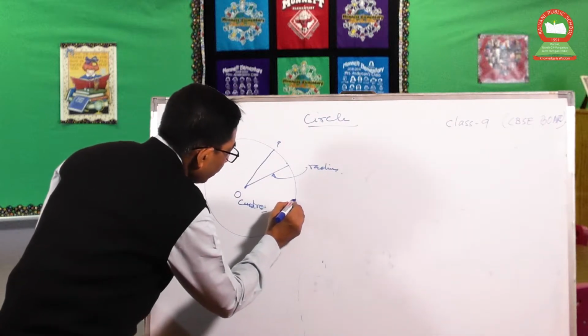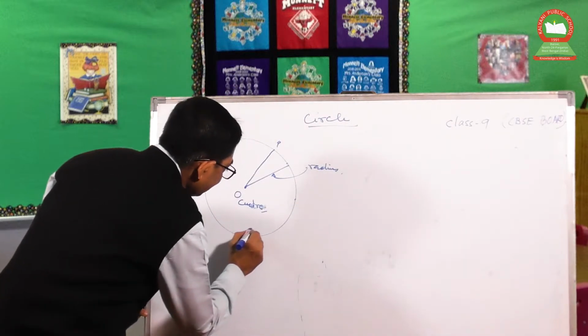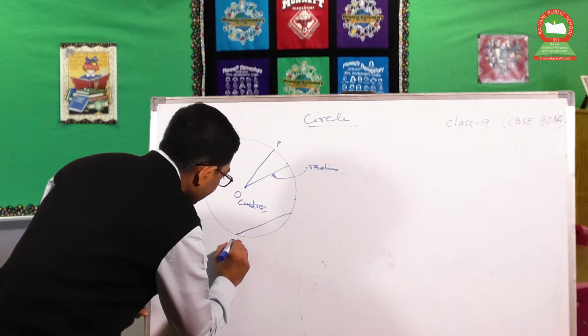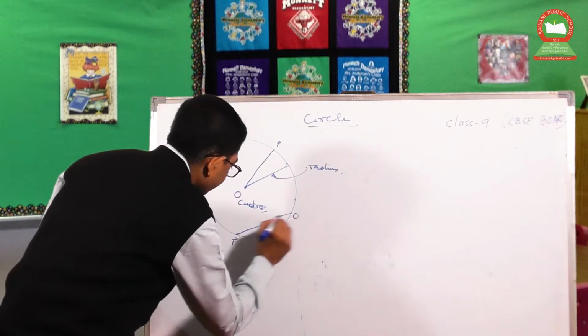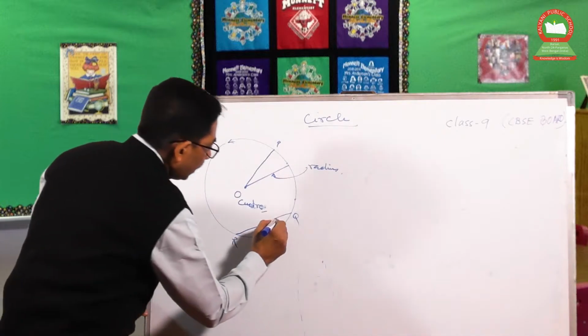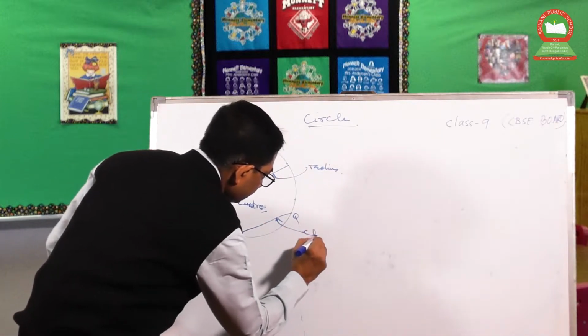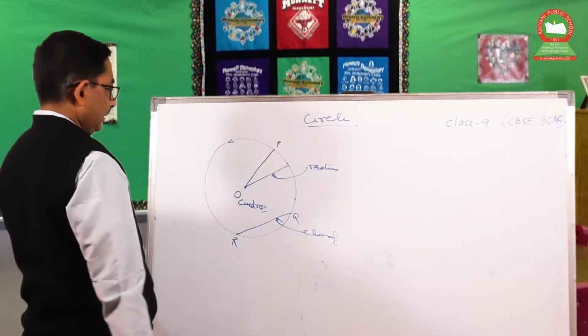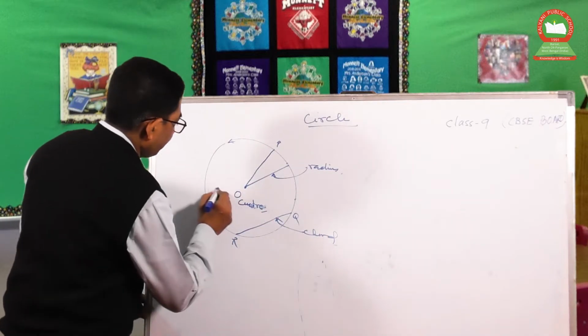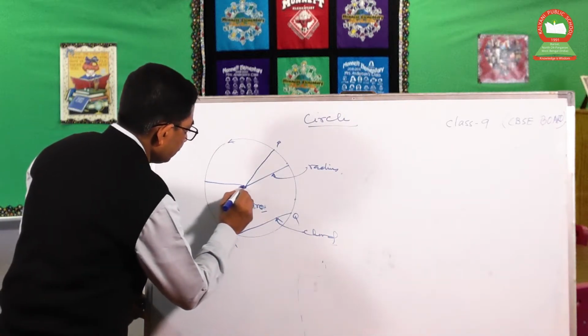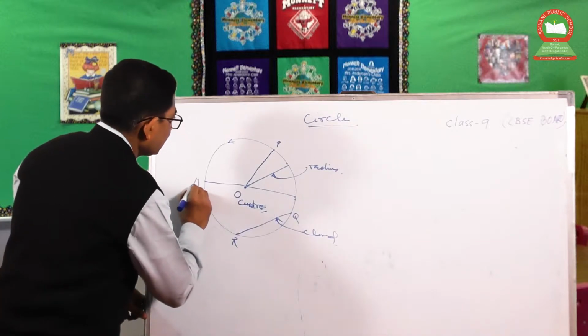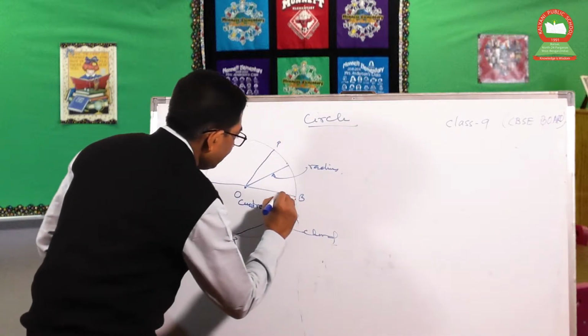The line segment joining any 2 points on the circle is called the chord. If the chord passes through the center, it is called the diameter.